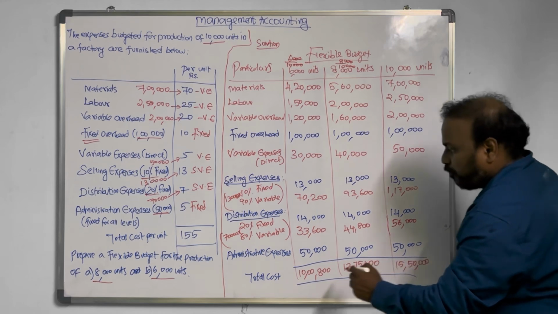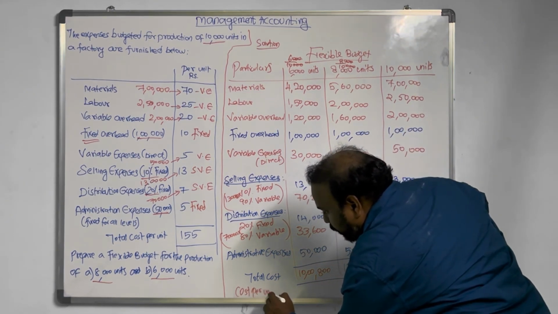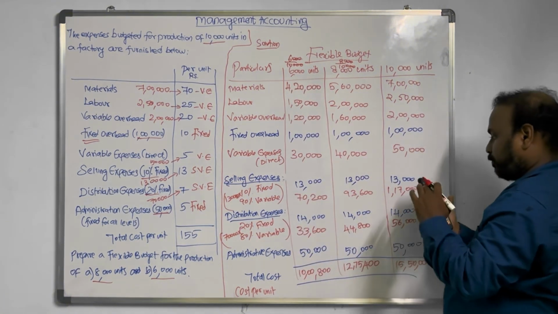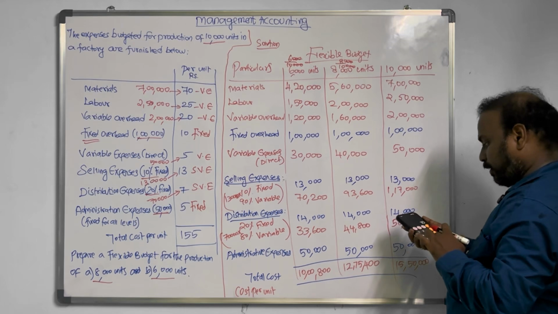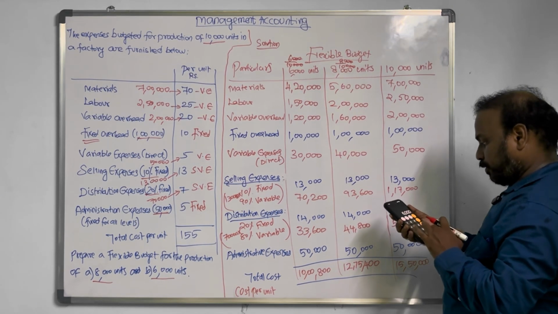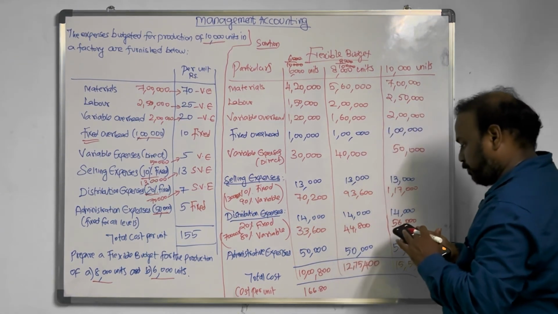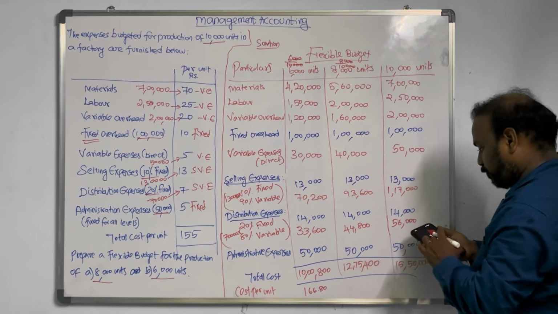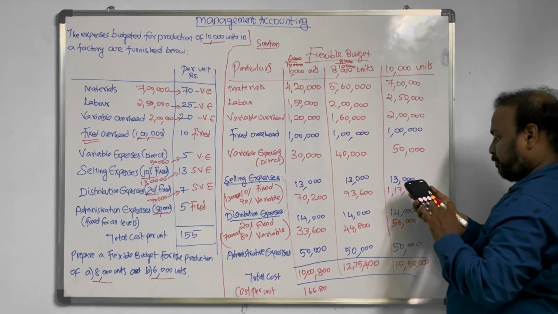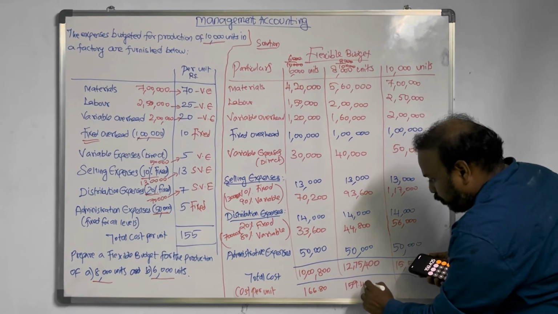15,50,000. To find out cost per unit, divide by the number of units. Here it is 6,000 units, so 10,80,000 divided by 6,000 units, you will be getting 180. Then 12,75,400 divided by 8,000 units, you are getting 159.425.